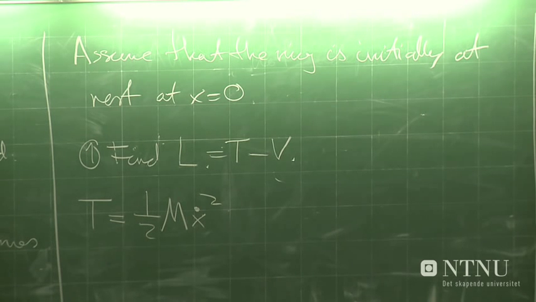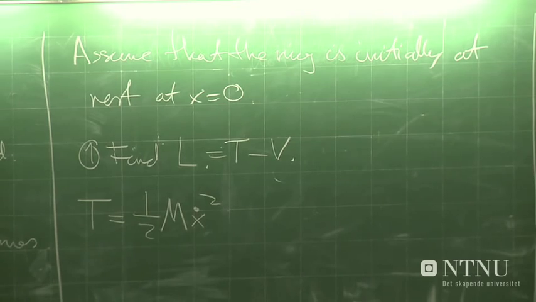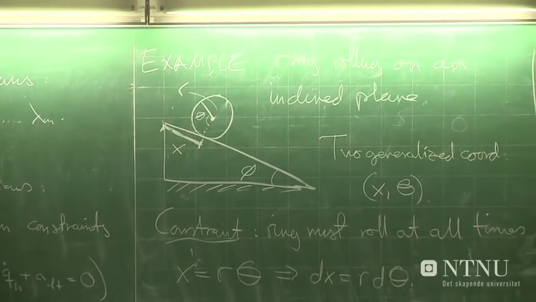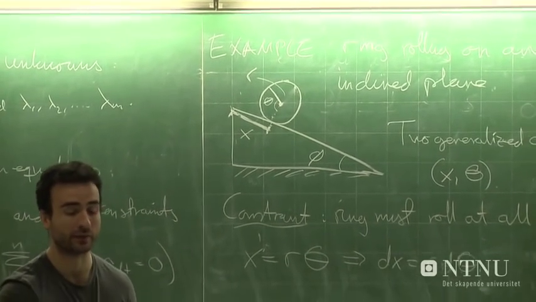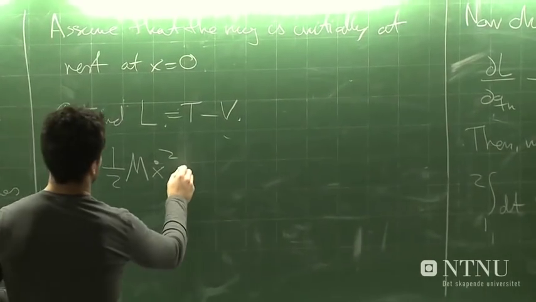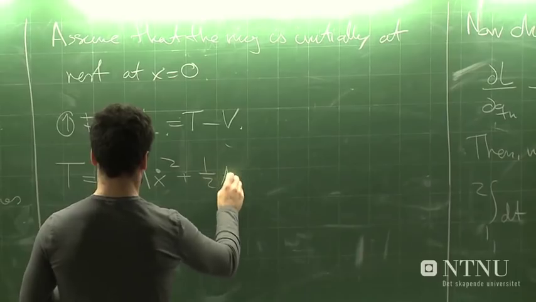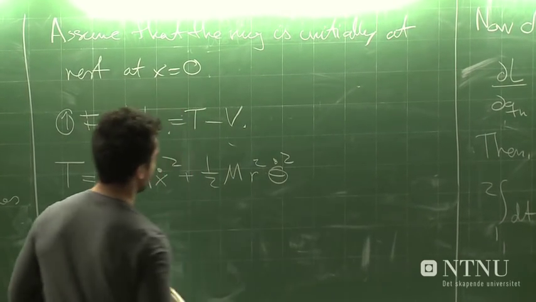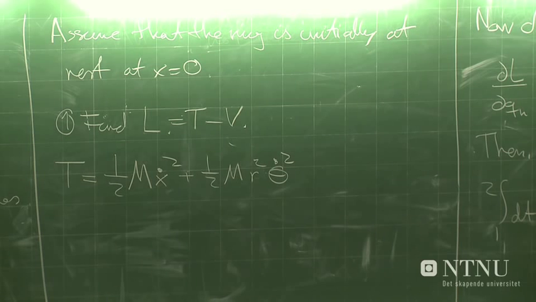Yes. If the ring was only sliding or gliding down this plane, that would be enough. But since we're now assuming that it's rotating or rolling, we also have to take into account the kinetic energy which is contained in the rotational motion. So that's just the angular velocity. It looks like this.